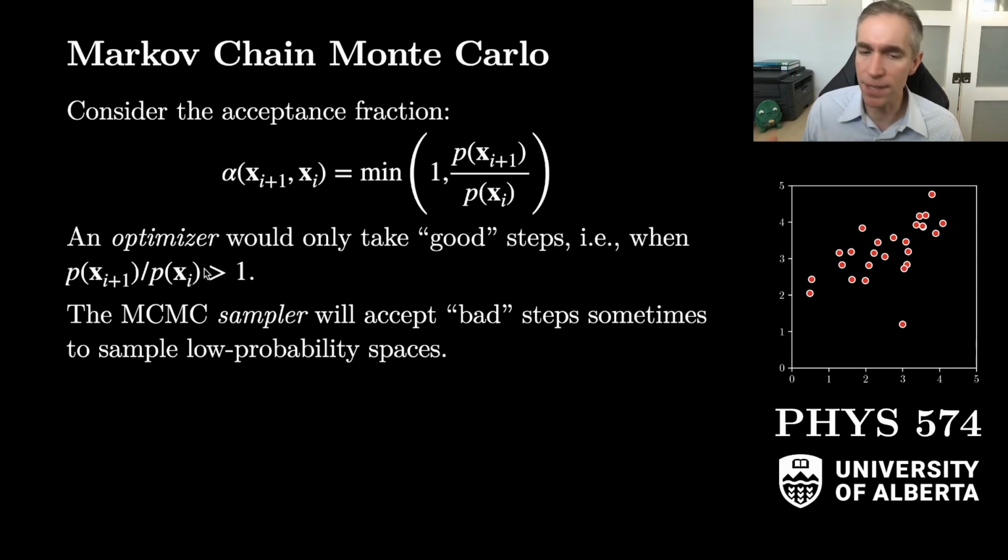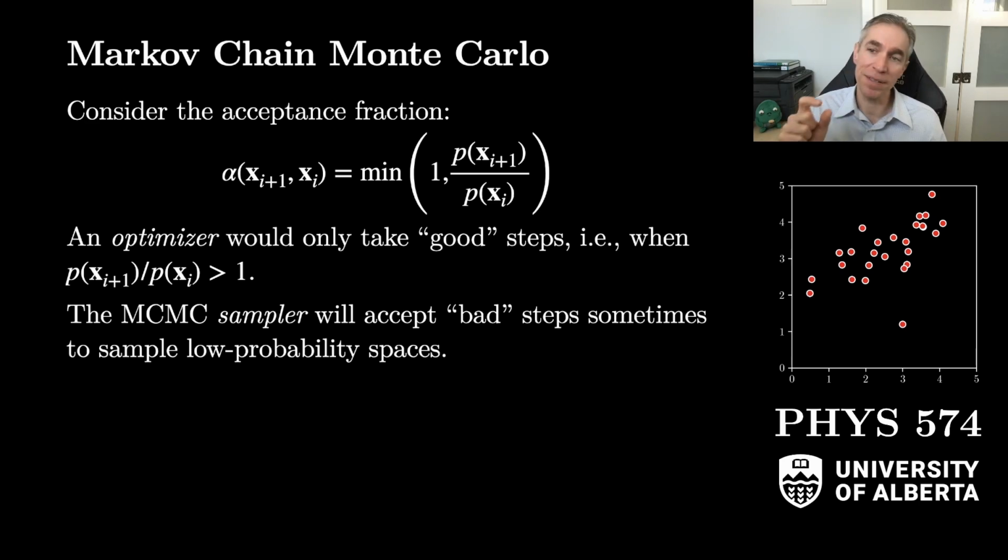In an optimizer, you're trying to find the local minimum or maximum of a function, and you only want to take good steps where you're walking uphill to the local maximum. So your numerical algorithm would never want to take a step backward and going downhill if you're trying to find a local max. But a sampler will sometimes accept bad steps walking downhill.